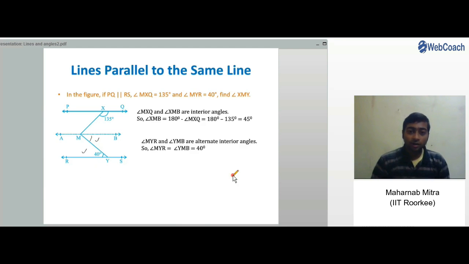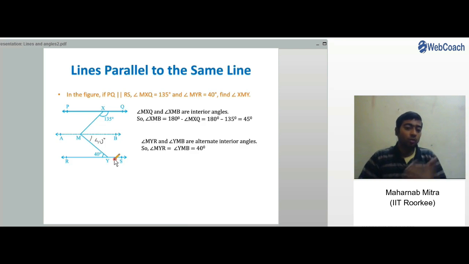And alternate interior angles are always equal, and therefore this angle must be 40 degrees as well, right? So the upper angle we had got as 45 degrees, and we have got this angle as 40 degrees. So I think now it is very easy to find out the total angle, angle XMY.